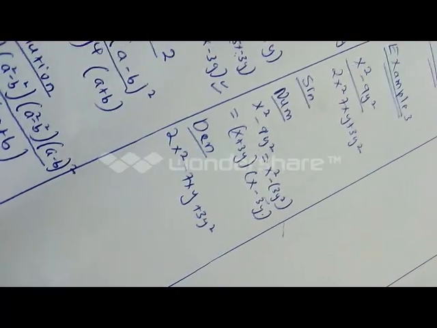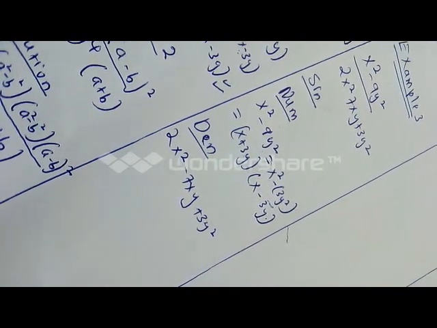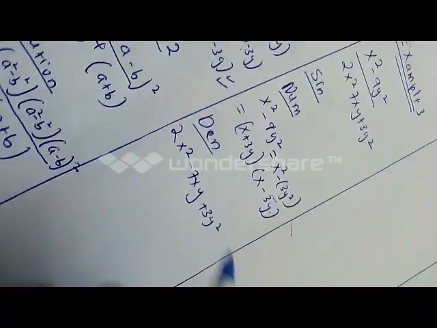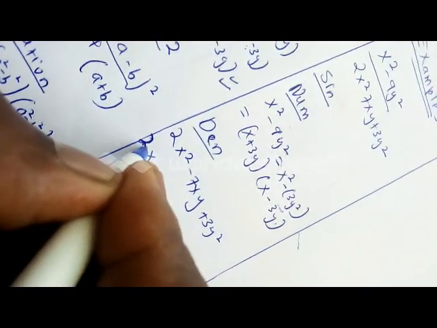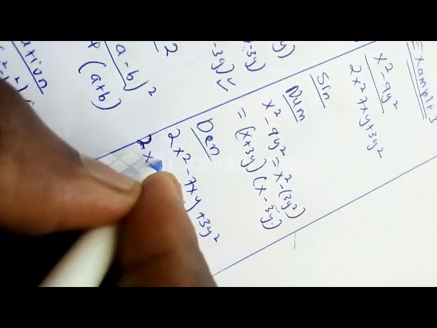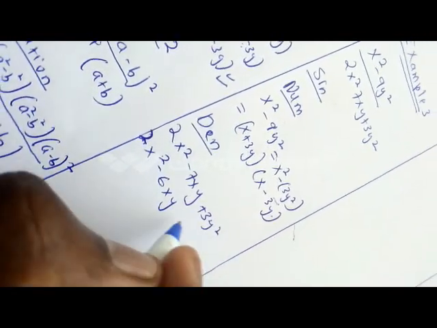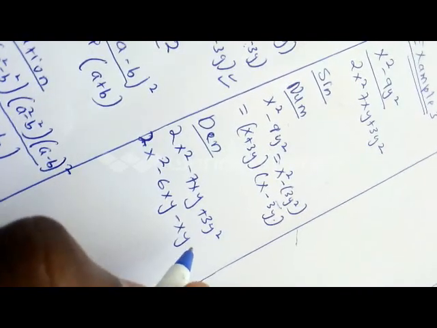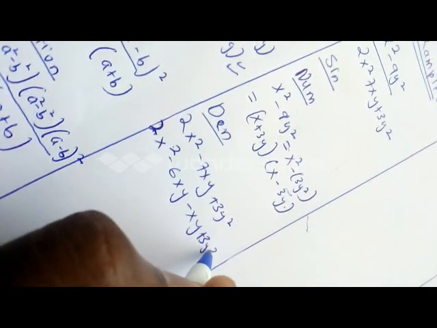That is the denominator part. And in this part, we just solve the denominator now to have 2x squared minus 6xy minus xy plus 3y squared.